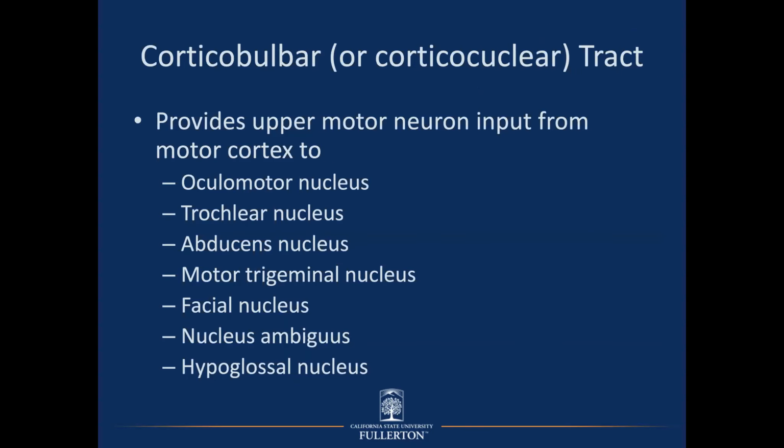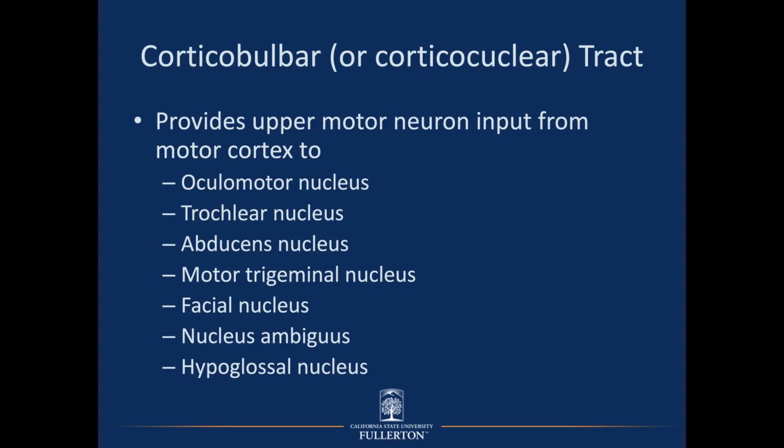So I want to remind you about the corticobulbar tract, which we spent quite a bit of time on in the previous lecture, and that it provides upper motor neuron input to the oculomotor nucleus, the trochlear nucleus, the abducens nucleus, the 3 we can sort of put to the side.